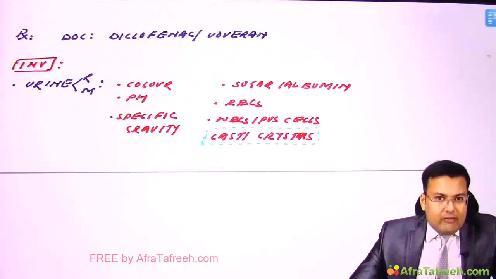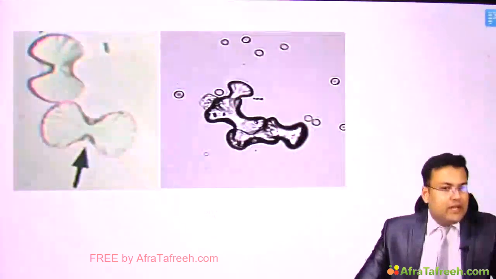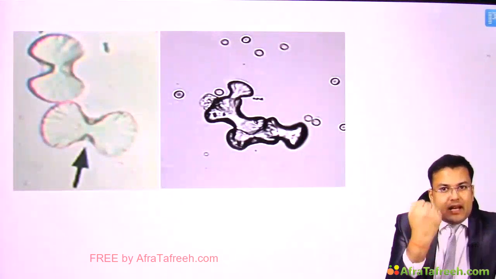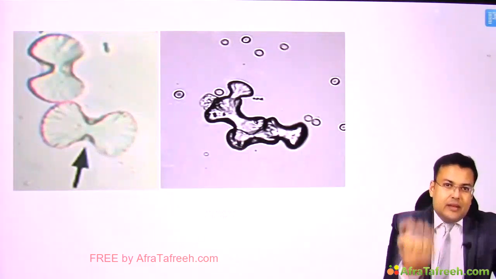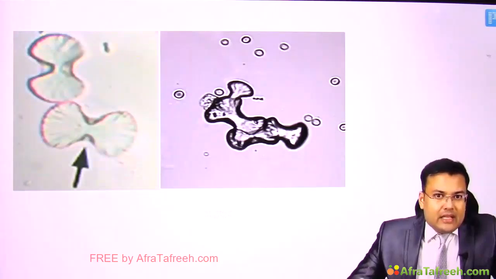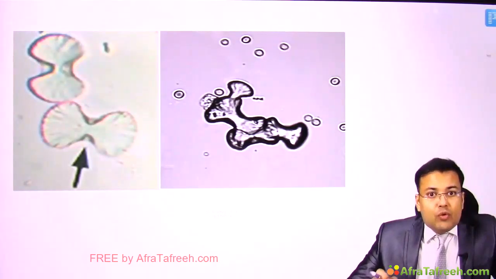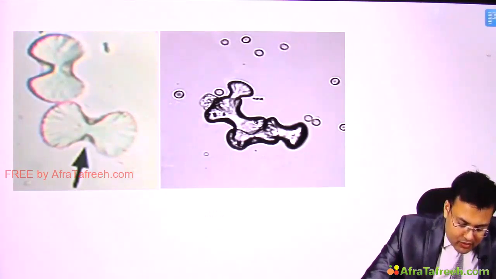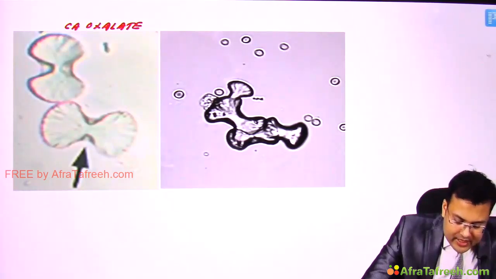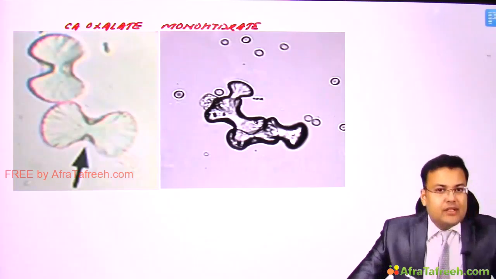Okay, so now we are going to discuss the images of crystals one by one. So now you can see what the shape is. It is just like a dumbbell. So this is a dumbbell shaped crystal, and this is seen in calcium oxalate monohydrate. You have to remember calcium oxalate monohydrate.